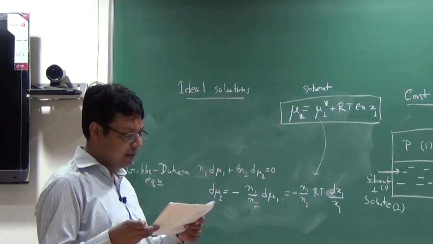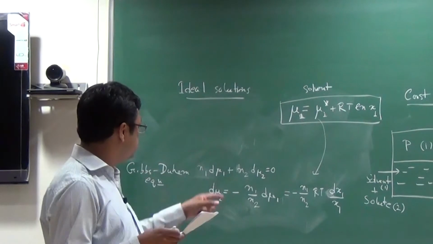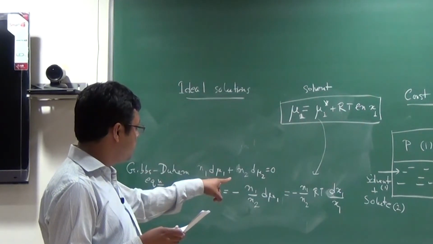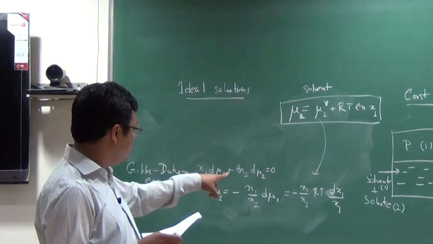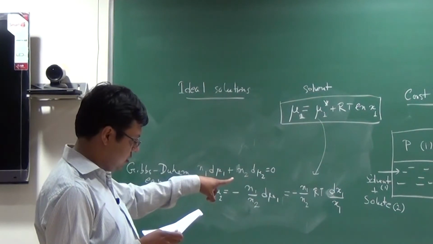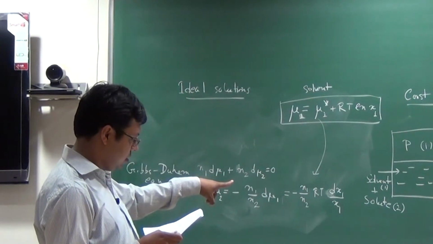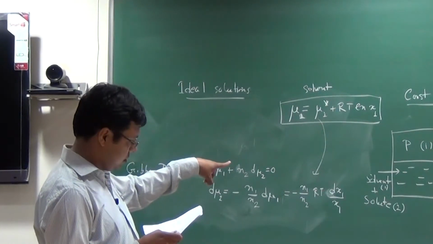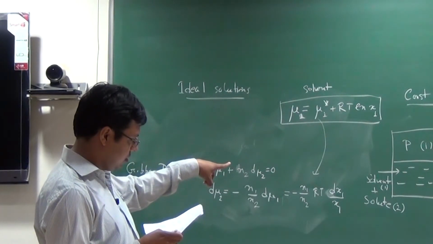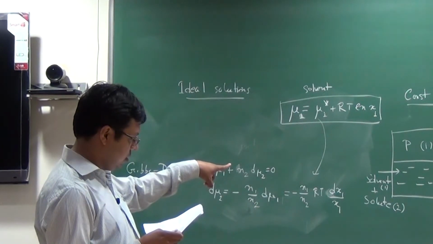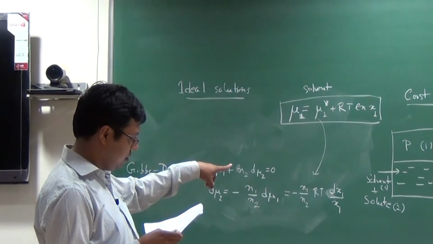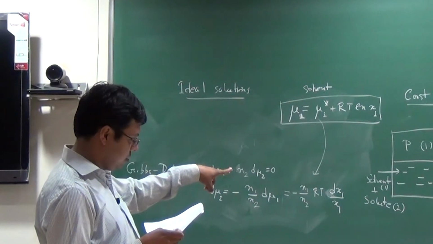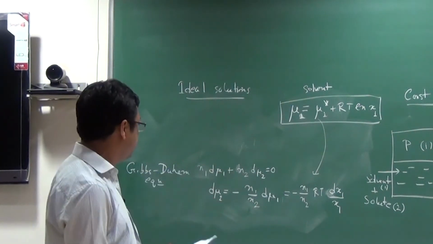The reason is, as you can see, it is basically what we have finally: RT dx1 by x1.